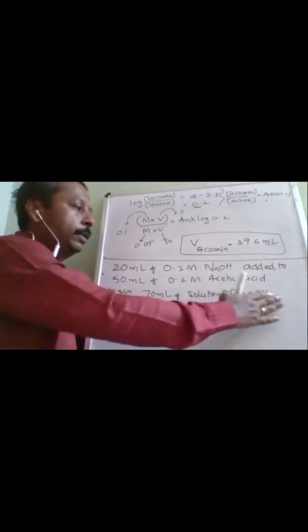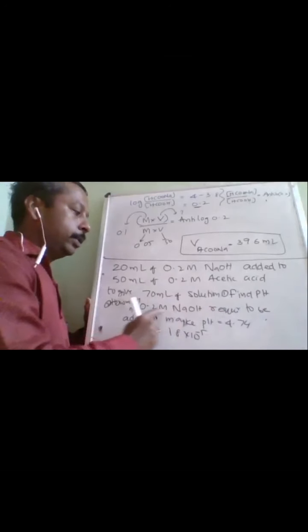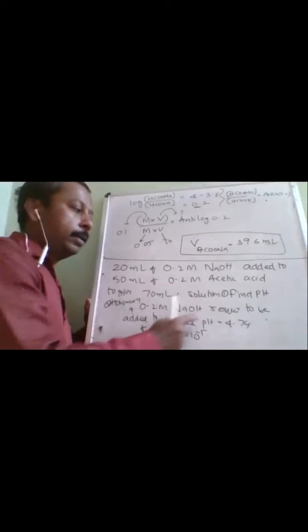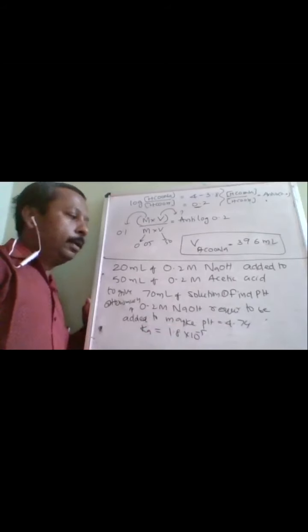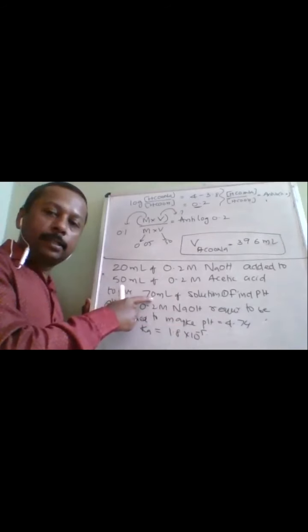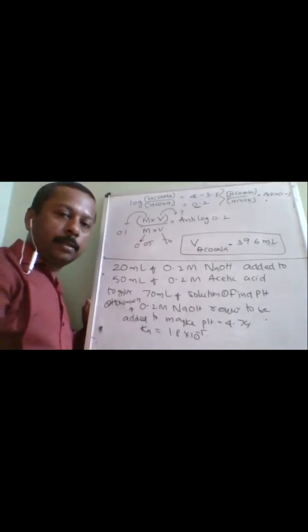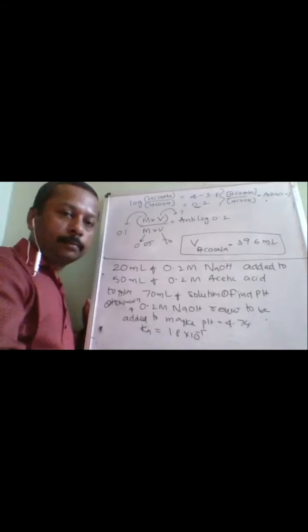Second, to the solution, how much of 0.2 molarity NaOH should be further added to change the pH up to 4.74? First find the first answer, then identify the second answer. Now everybody can start and try to give the answers.